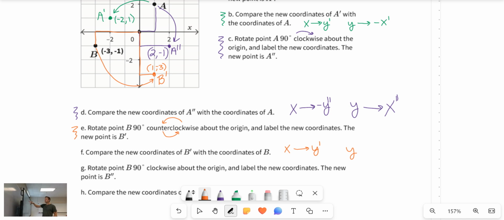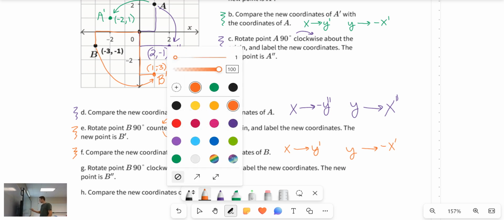Well, our y was negative 1, and we can take that negative 1 and switch it to positive 1 and put it in for our x. So the y value became negative x prime. The y value corresponds to the opposite of our new x value. So that's marked in orange.